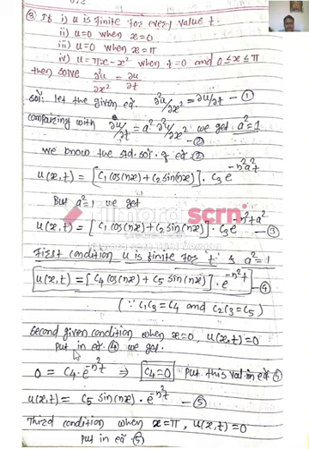After that, the second given condition, that is u is equal to 0 when x is equal to 0. Then u(x,t) will be 0 at x equal to 0.